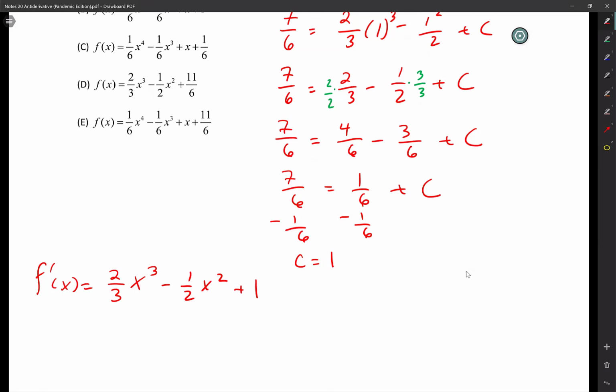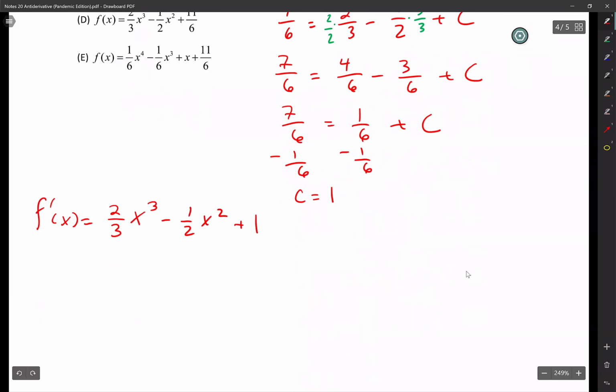All right, here we go. You guys ready? I'm doing another antiderivative because I want f. F of x equals 2/3 times x to the 4th over 4. There's a little dot there because I'm multiplying. You don't have to do it like that. There are all different ways. Minus 1/2 times x to the 3rd over 3. Put a little dot there because you know you're going to be multiplying those two. Plus x plus c.